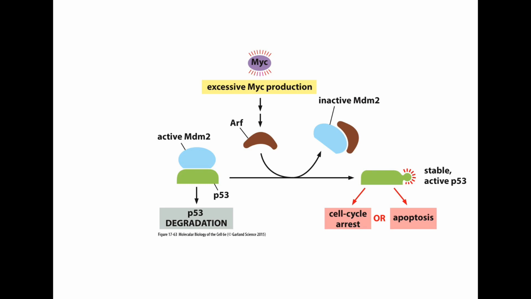I'll leave out some of the early steps, but ultimately what happens begins at this complex right here. So P53 is going to be a factor that, if left on its own, will activate inhibitors of the cyclin CDKs like P21 and/or trigger apoptosis by mechanisms that we'll talk about in the next video. But it doesn't do that ordinarily if it's in complex with this protein MDM2, which is just an E3 ligase.